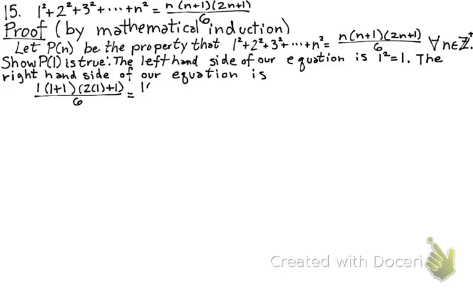This equals 1 times 2 times 3 over 6, which equals 6 over 6, which equals 1.